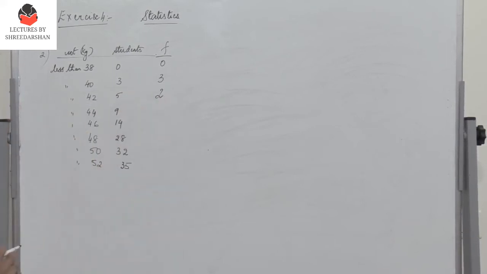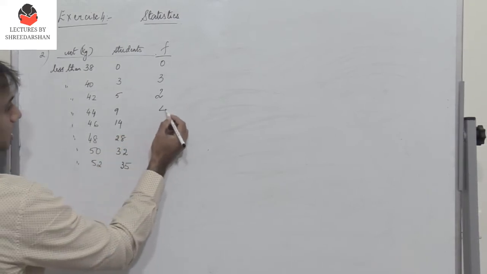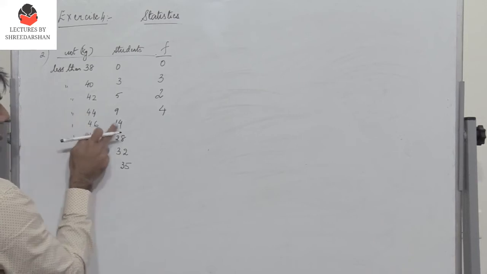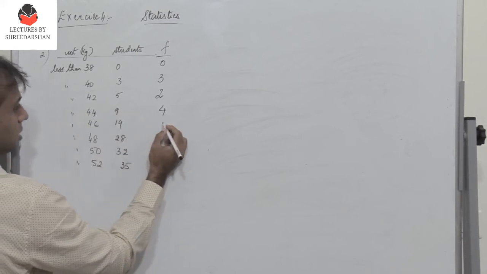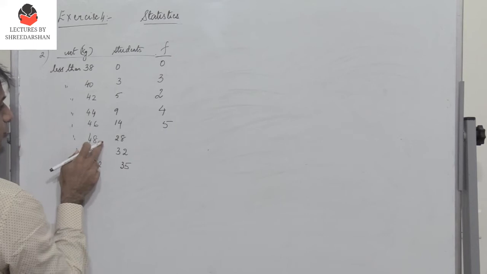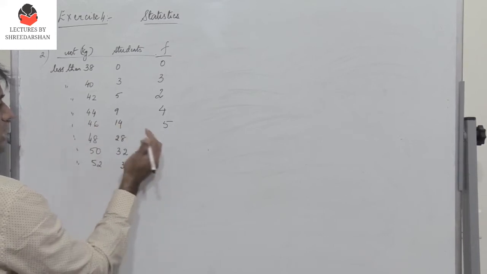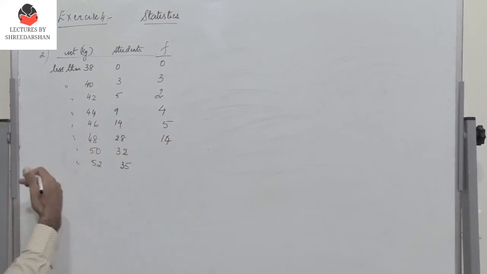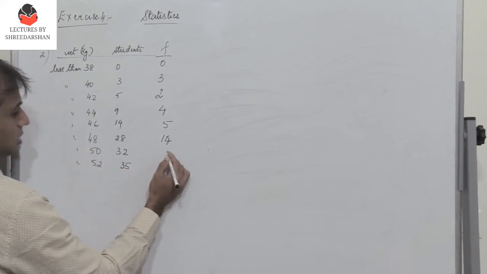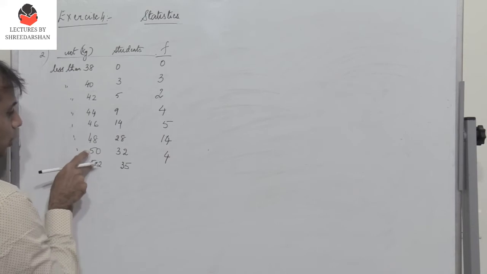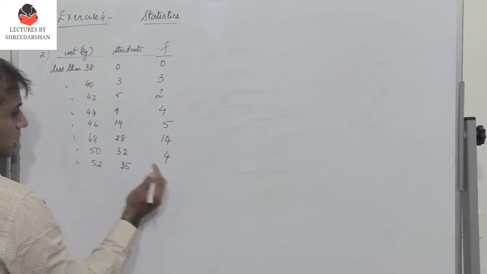Next, between 44 and 42, it is 9 minus 5, so I get 4. Next, between 46 and 44, it is 14 minus 9, which is 5. And then between 48 and 46, it is 28 minus 14 is 14. Next, between 50 and 48, it is 32 minus 28 is 4. And then I have weight between 52 and 50 is 3.